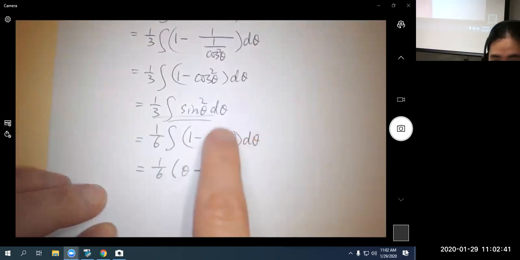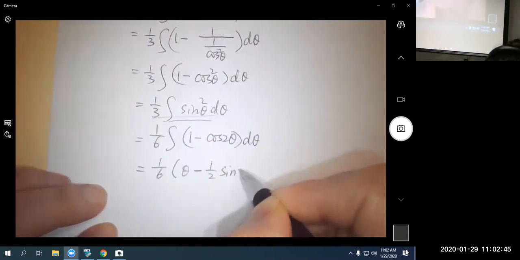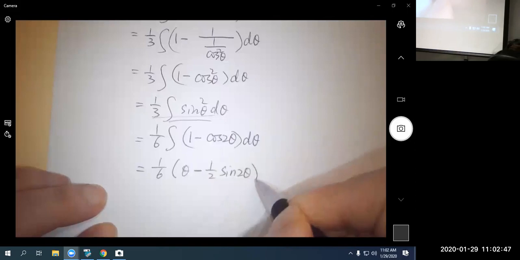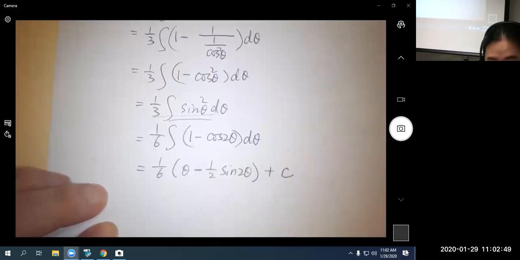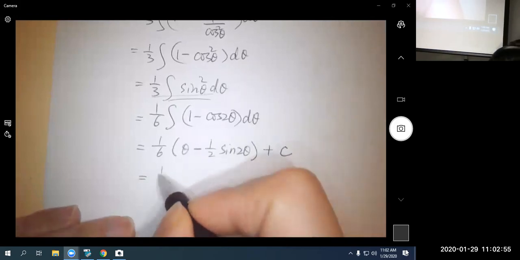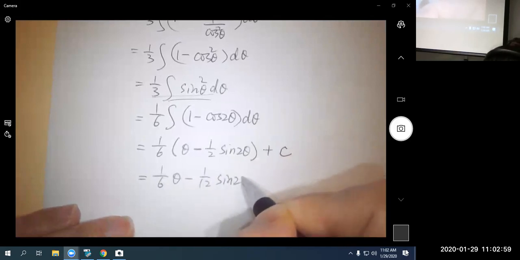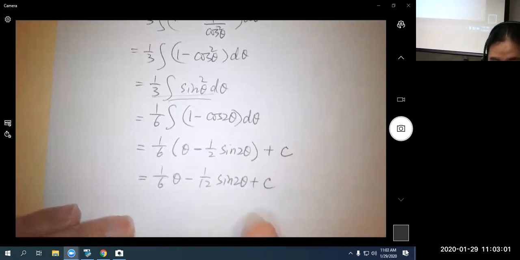The d of 2 theta gives 1/2, right? 1/2 sin of 2 theta plus constant c. Or if you want to distribute the coefficient, that gives us this, right?